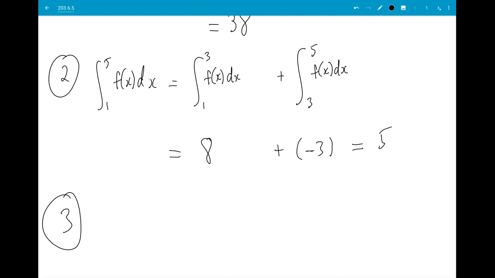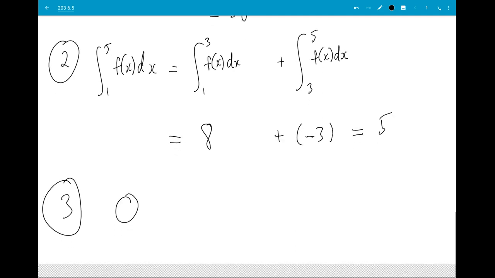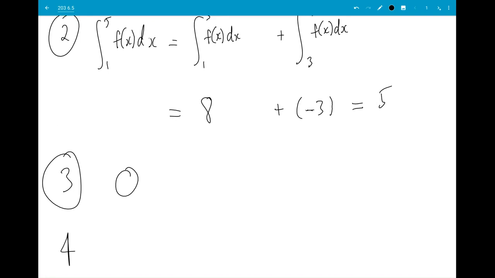Question 3, what's question 3? The integral from 7 to 7, so this is just 0, because you're doing the integral from 7 to 7, you get nothing. That was my first property.